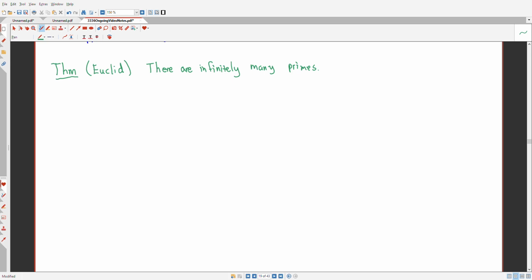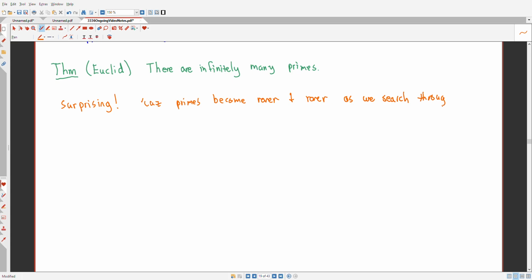This might be something that you're familiar with, this basic idea, but I do want to point out that this is kind of surprising. Why on earth is this kind of surprising? And it's because primes, generally speaking, become rarer and rarer as we search through the naturals.